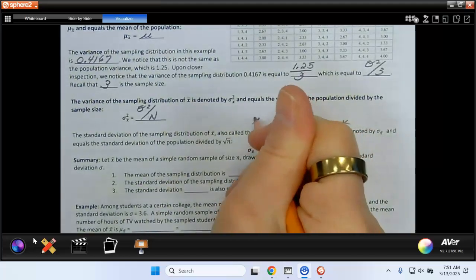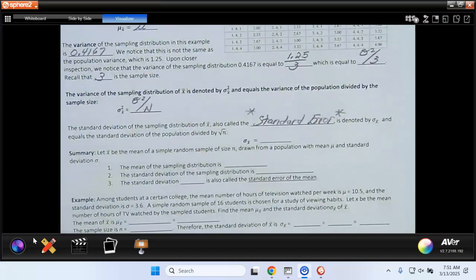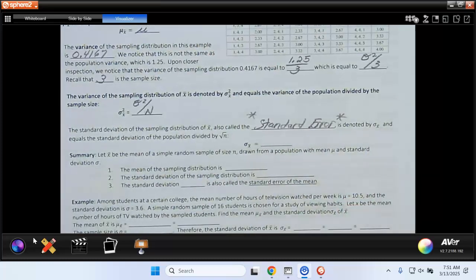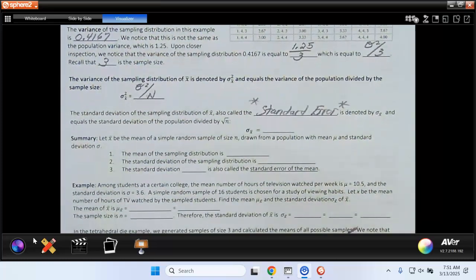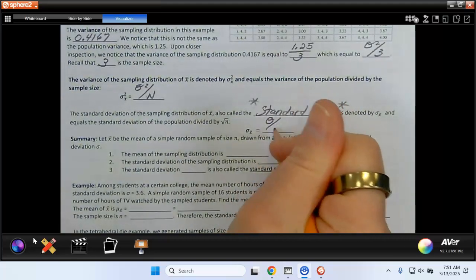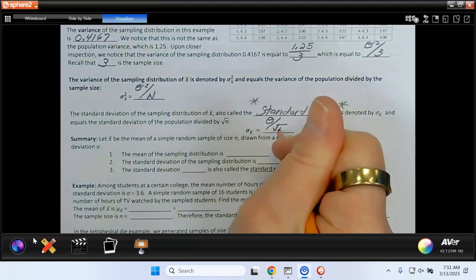That word is used a lot, so lock that in. Notice it just takes the square root of the variance. The formula for that is standard deviation divided by the square root of your sample size.